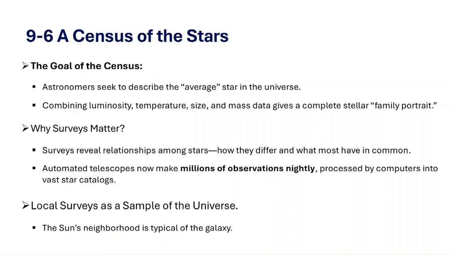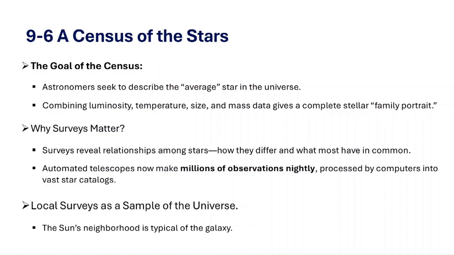And interestingly, we don't have to look across the whole galaxy to get meaningful data. The stars near our sun, within a few hundred light years, are a good example of the Milky Way as a whole. So by studying these nearby stars in detail, astronomers can infer what the rest of the galaxy looks like.